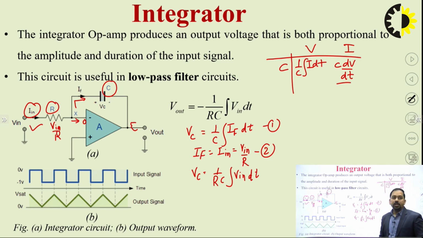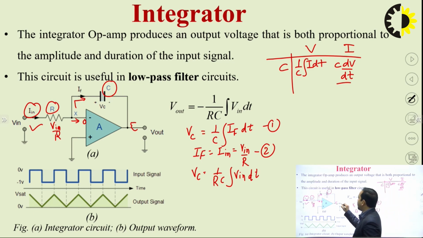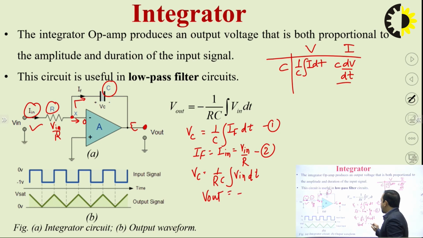So this is Vc. Now we need to calculate the output voltage. I am applying KVL from this particular end to this particular end. Here we can see that V output is equal to minus Vc.